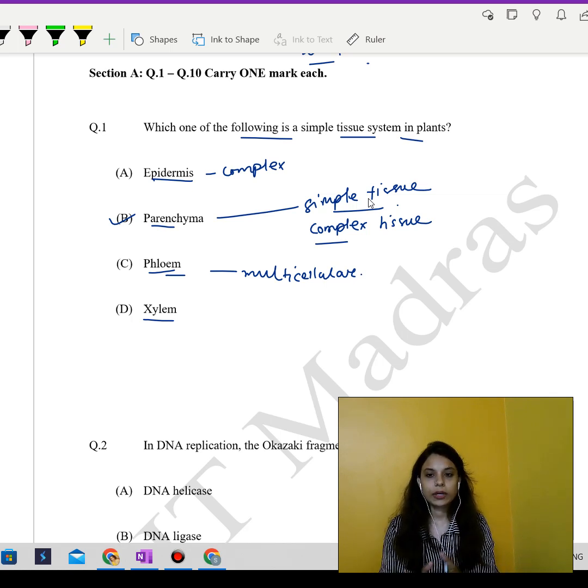So from this question, you can remember that the simple tissue systems involve only one cell type with a specialized function, while the complex tissue systems combine different cell types to achieve more elaborate functionalities. Let's move over to the next question.